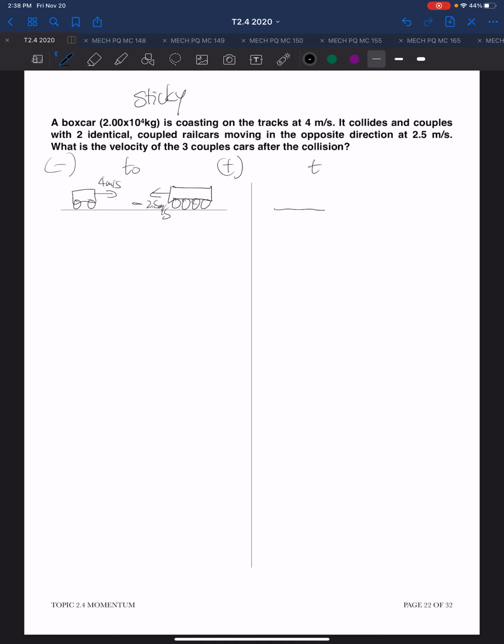So afterward, what we have is three carts stuck together, behaving as one. And the question is the velocity in this direction? Is the velocity in the other direction? So we'll do our accounting. P0 equals the instantaneous momentum, and beforehand we have two particles.